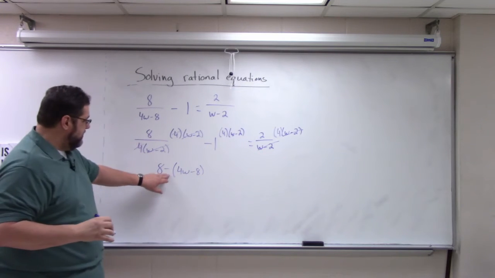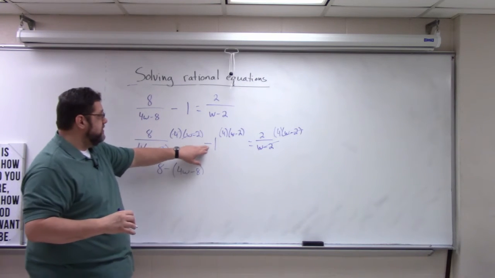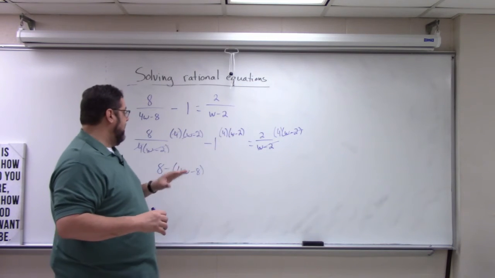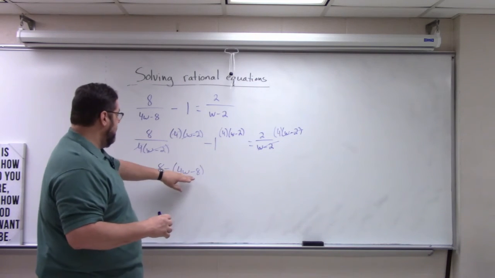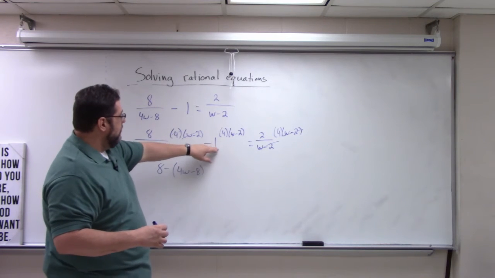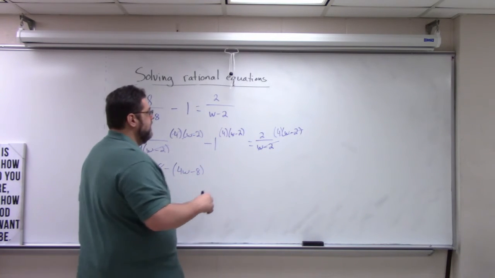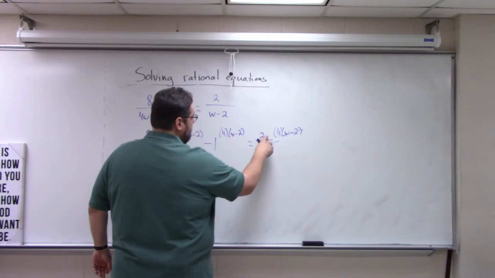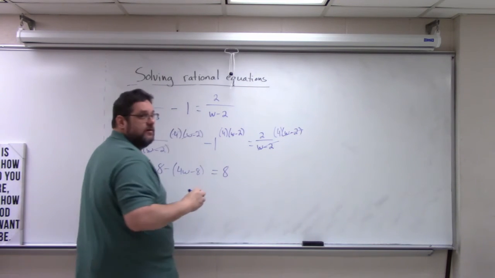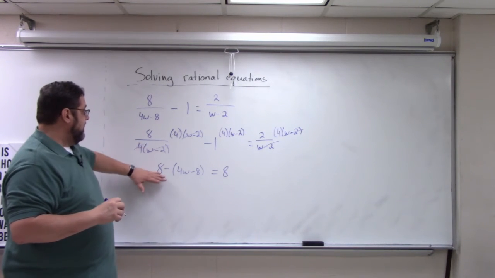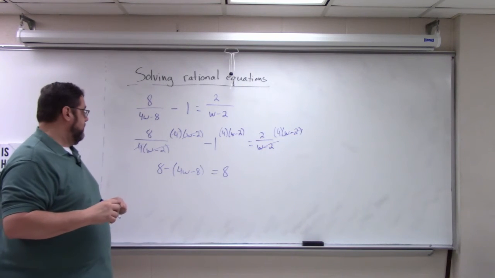And the reason I put this in parentheses is because we're subtracting. That subtraction has to distribute over everything. So just for right now, I said minus, and then I said 1 times 4 times w minus 2. That's where the 4w minus 8 came from. All right, over here on the right side, 2 times 4, that's 8. All right, this is a lot simpler than what we started with.